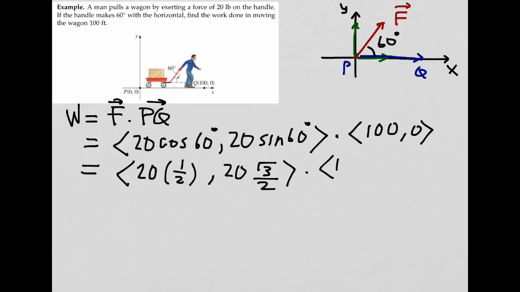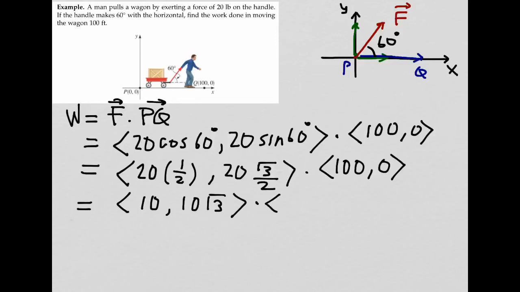Dotted with the vector 100, 0. We have 10, 10 root 3, dotted with the vector 100, 0.